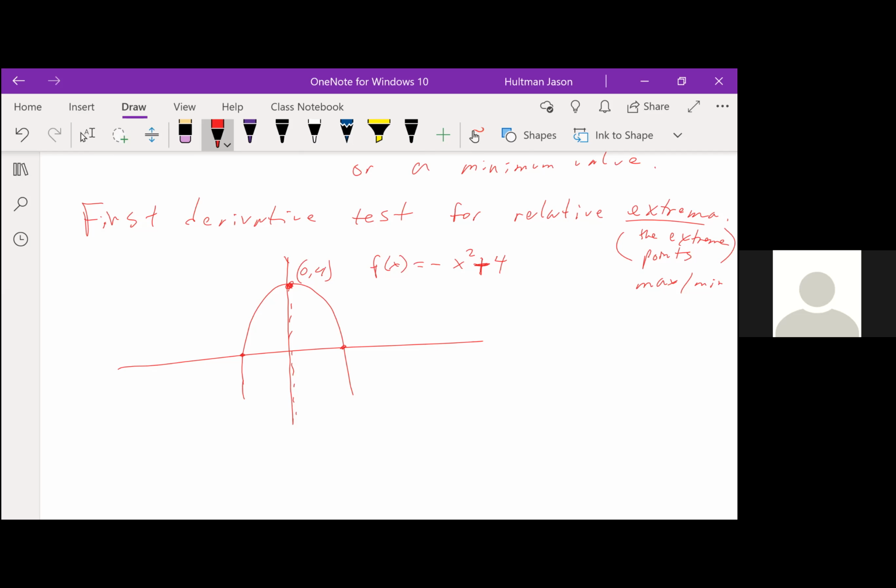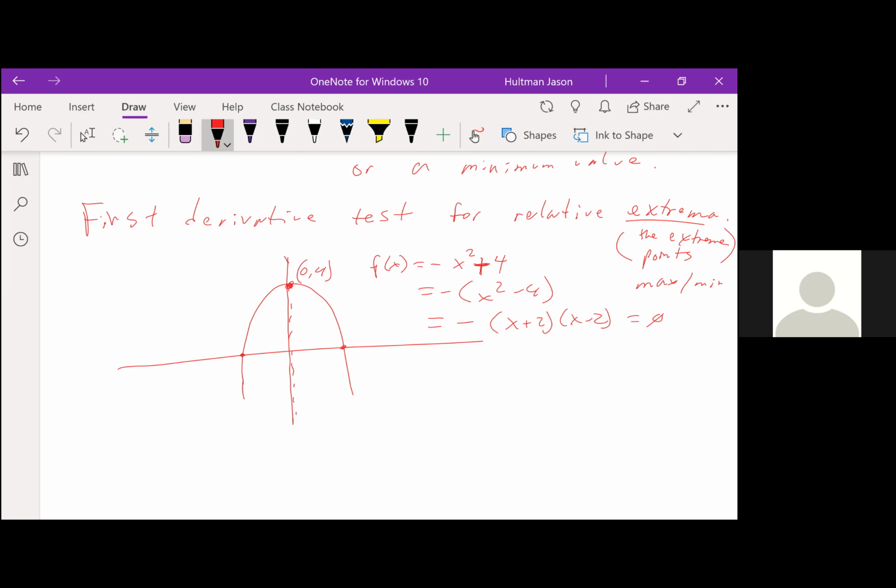So what I want to do is take this and find the derivative of this. The x-intercepts, by the way, if I factor out a negative here, I get x squared minus 4, and that equals negative x plus 2 times x minus 2. If I set the original function equal to 0, that will give me my x-intercepts.